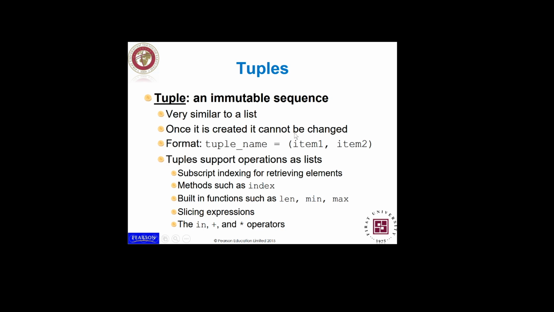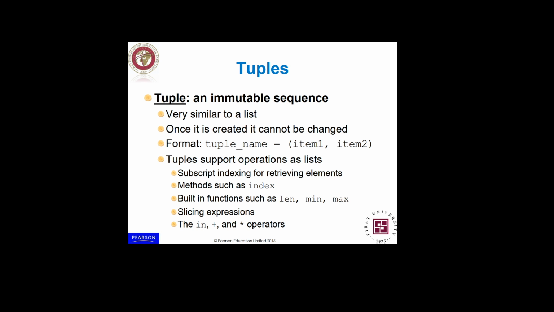Tuples. We're done with lists. Now the second famous or common type of sequence that we use in Python is actually tuples. The main difference between lists and tuples is that tuples are immutable. That means we cannot change their elements once they are assigned or created.